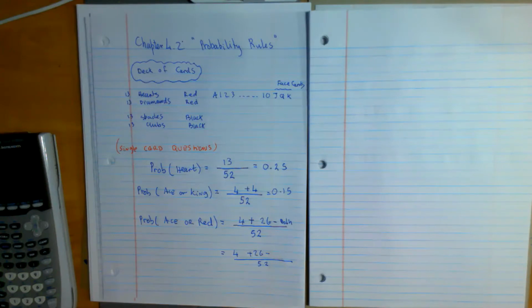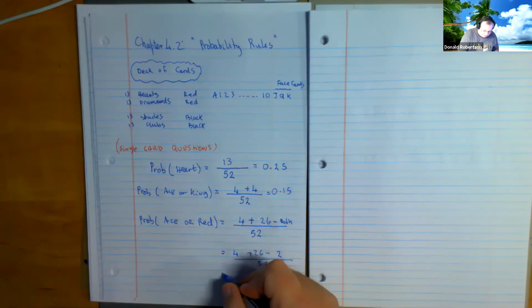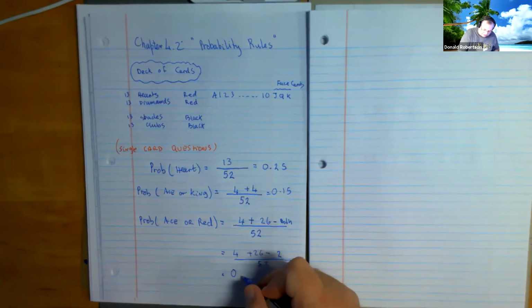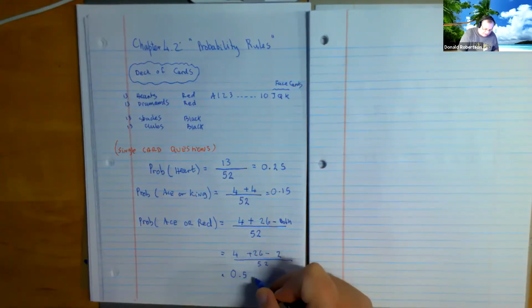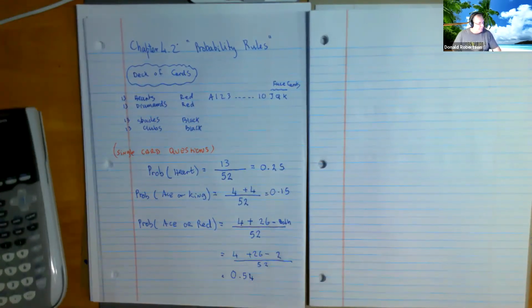Is it 2? Yes. And so that guy, when you get it, becomes 28 over 52. And 28 divided by 52 ends up happening quite a lot of times. In fact, about 54% of the time.